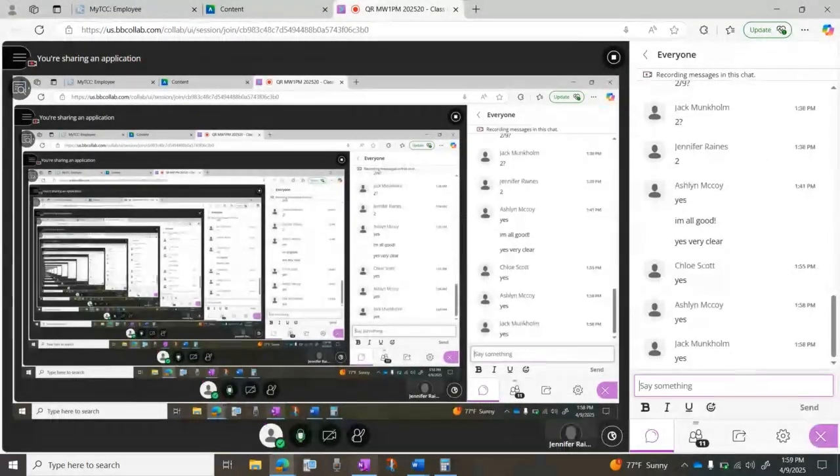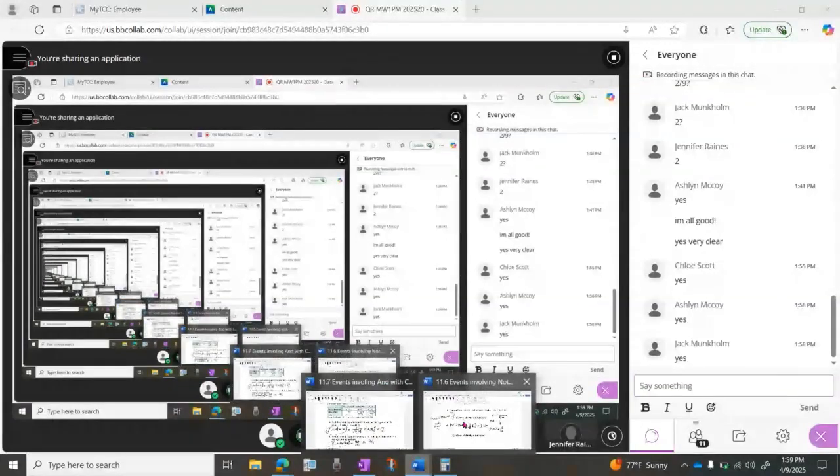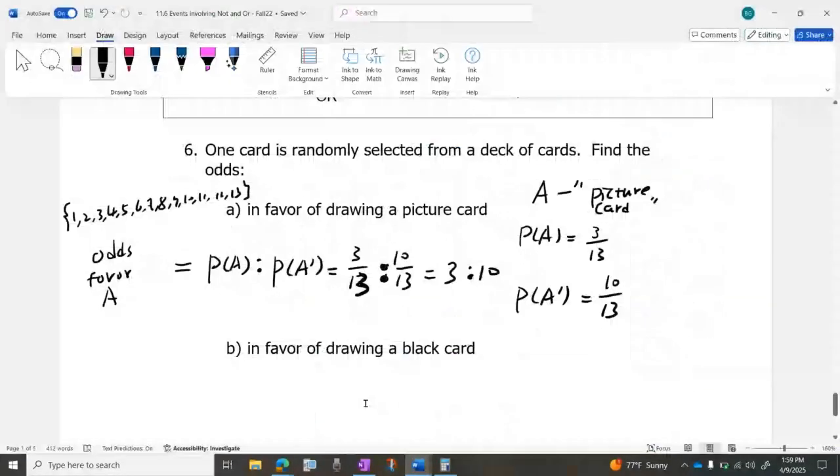Okay, very good. Part B. Part B is to find the odds in favor of drawing a black card. Well, since this time the event only considers color, then I can modify my experiment and choose this set as my sample space.